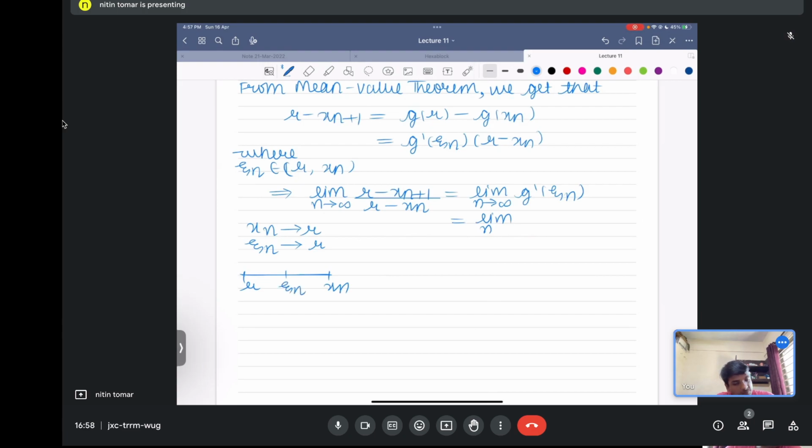So by the sandwich theorem, ξn will also converge to r as n goes to infinity. So this limit will actually be g'(r). And I think this completes the proof.